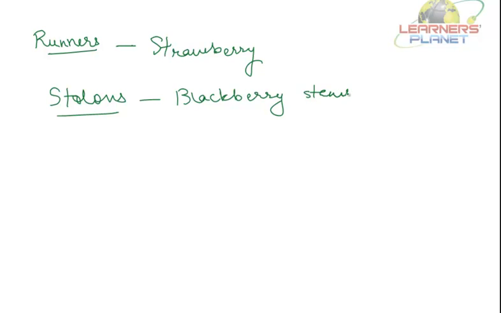Blackberry stems form a rather different type of runner in which the main shoot forms the new individual, and when the growing end of the shoot arches over and touches the ground, the terminal bud curves up, producing a new shoot which soon develops adventitious roots, and this way they reproduce asexually.